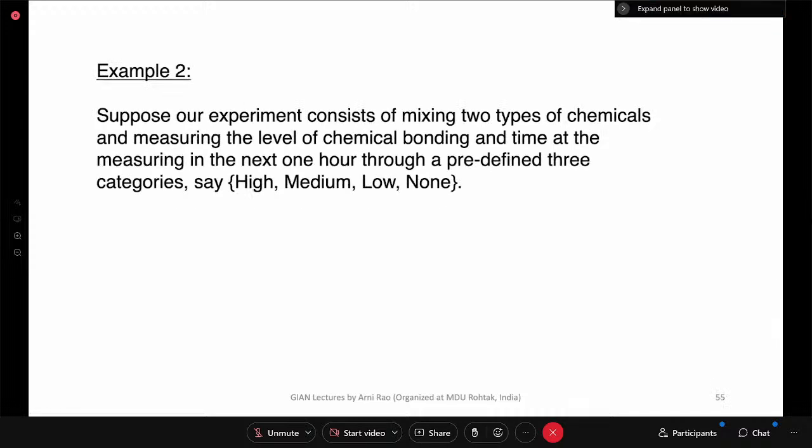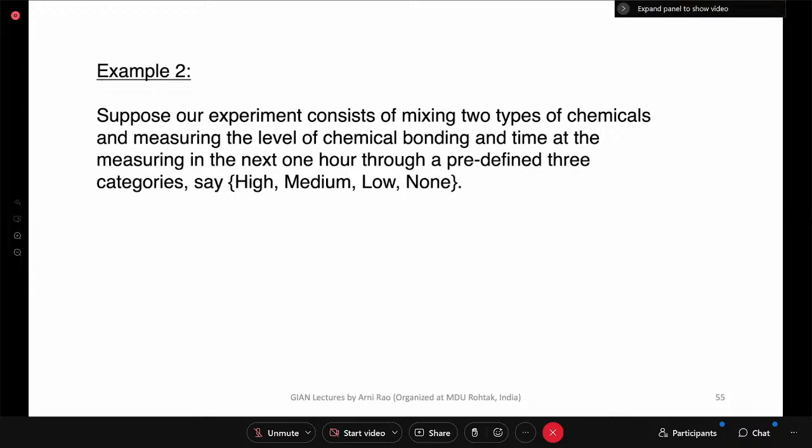Second experiment. Suppose our experiment consists of mixing 2 types of chemicals and measuring the level of chemical bonding over the next 1 hour. Each time you measure the chemical bonding, you record the time.